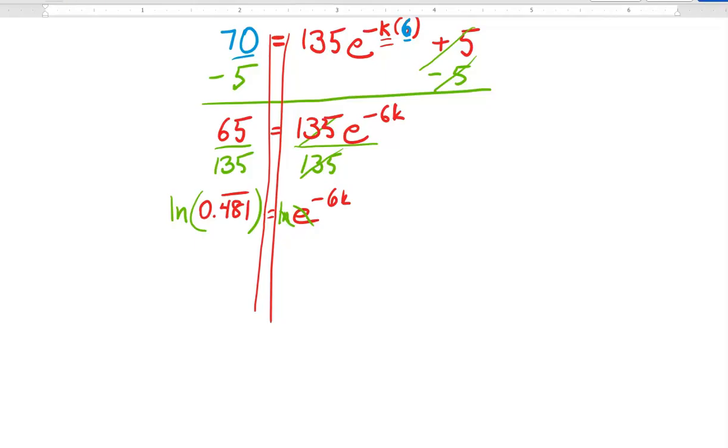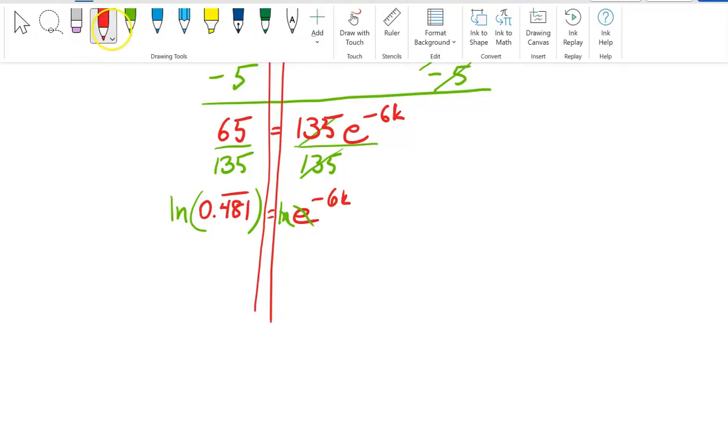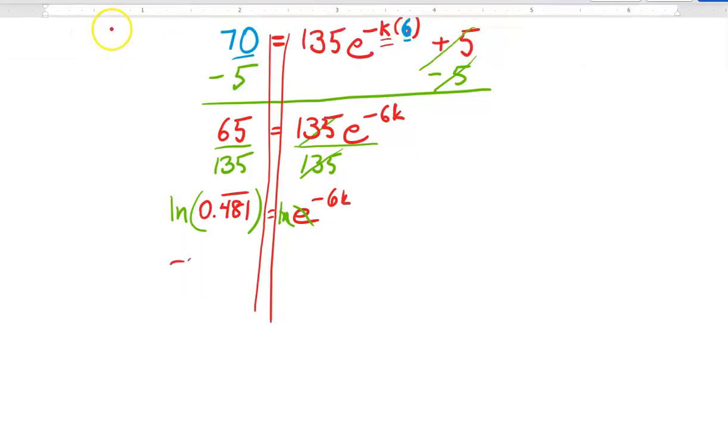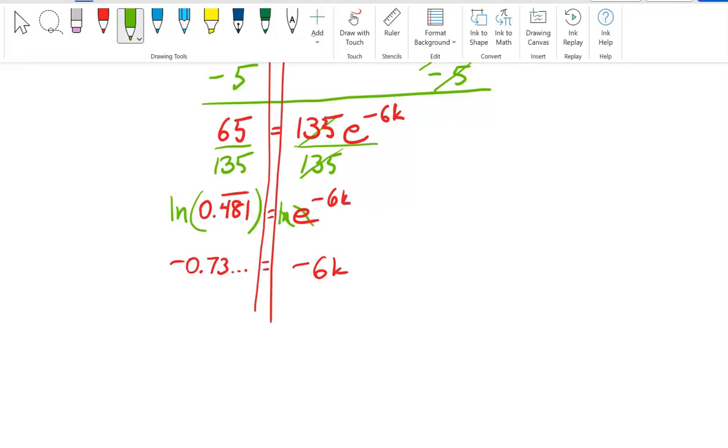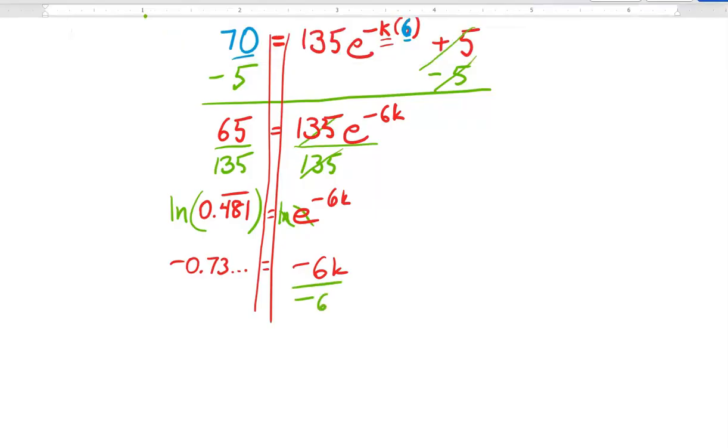Negative 0.73, and then a whole bunch of decimals after that. And now that's just negative 6k. Okay, I'm just putting a dot because I'm going to let the calculator keep as many decimals as possible until the very end. Now I can divide by the negative 6, because now I got rid of the e, so that's all I got left on the right side.